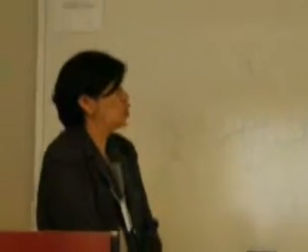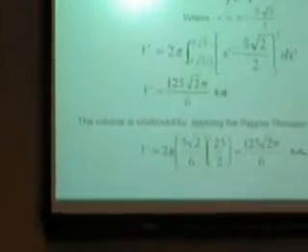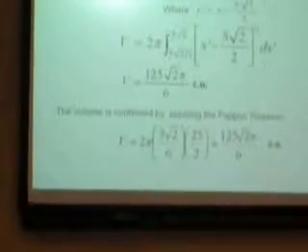And therefore, the volume will be equal to 125 square root of 2 over 6 pi cubic units. And it was confirmed by applying Pappus's theorem. Okay? I get the same value applying the theorem. And this will be the next example.